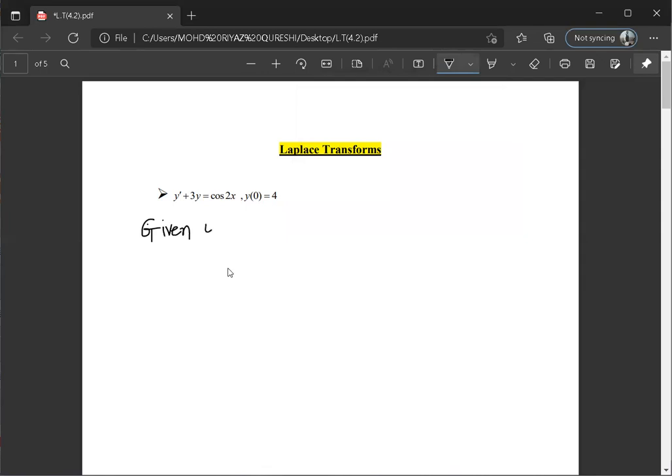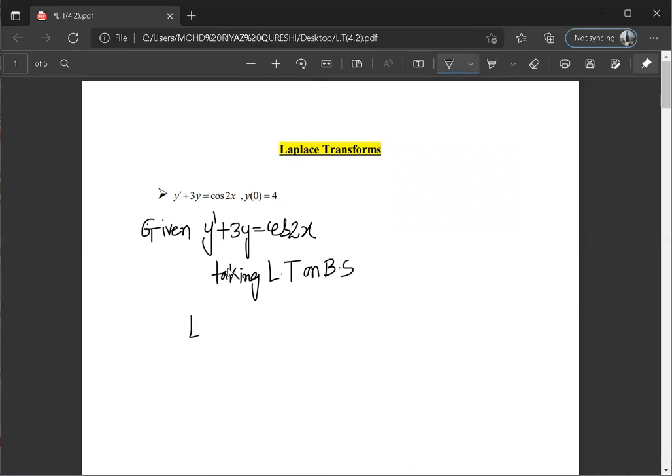First of all, given y prime plus 3y is equal to cos 2x. Now what we are doing here is taking the Laplace transform on both sides.